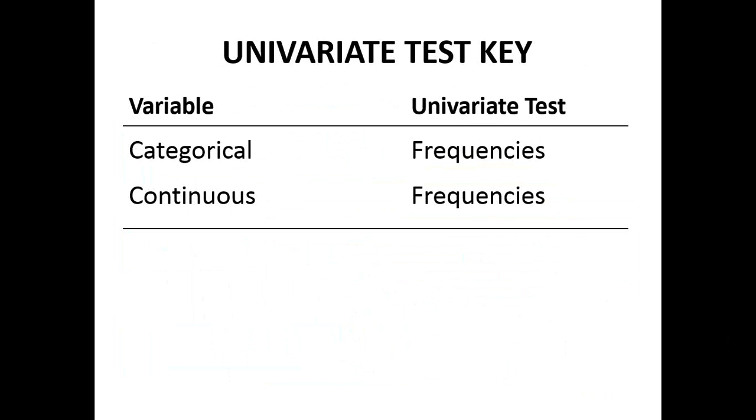So that's going to tell us which univariate test to use according to the structure of the variable. So the variable, we have categorical and we have continuous on the left side. Then on the right side, we see that the univariate test for each of them is going to be frequencies. So we're going to run frequencies in SPSS.